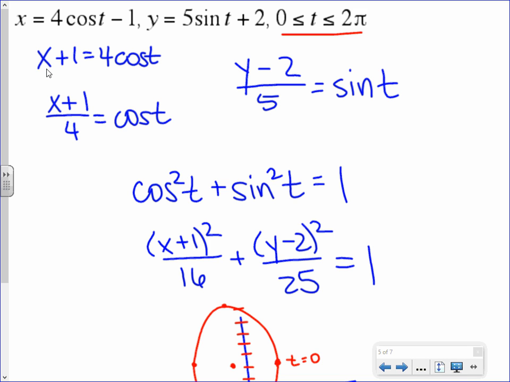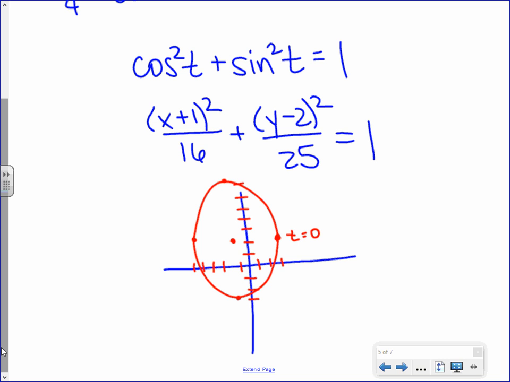When we plug in pi over 2, we have 4 times 0 minus 1 and 5 times 1 plus 2. Negative 1, 7. So this is where we are when t equals pi over 2. So our arrows would go in this direction. Counterclockwise.